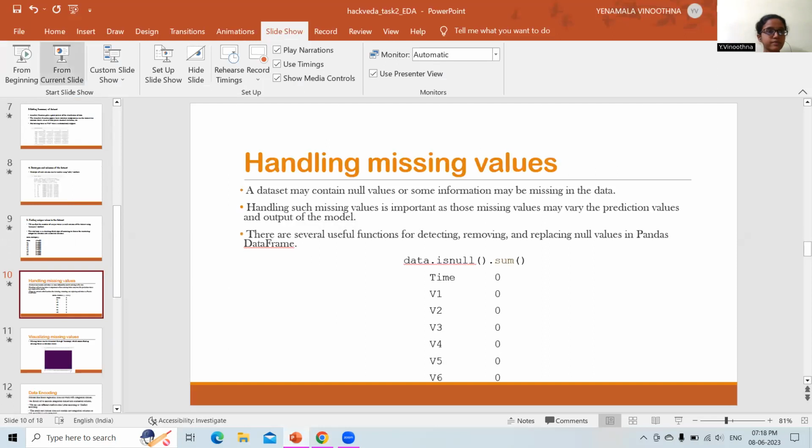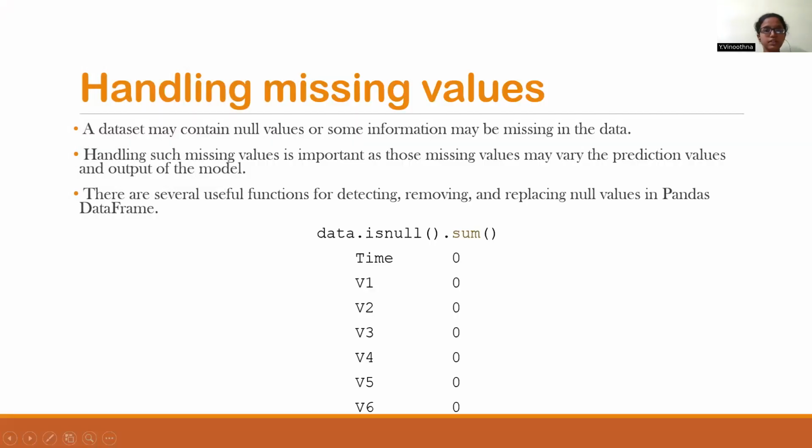There is no surety that every data set contains all the values. There can be data sets with some missing values, right? Some information may not be recorded in the data set. So we have to handle those missing values, because some machine learning models will not predict correctly with missing values in the data set.